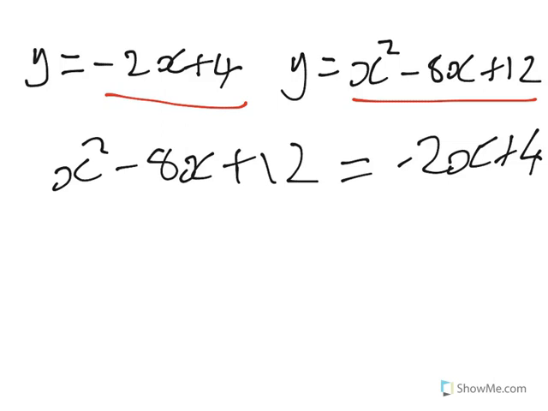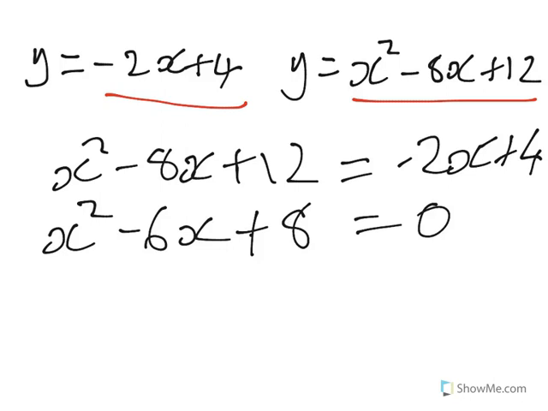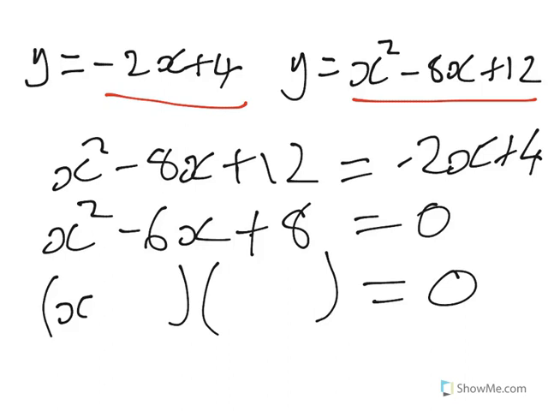So if we add 2x to both sides and take 4, we end up with x squared minus 6x plus 8 equals 0. Now we have to try and factorise if we can. I'll do it the quick way. Two numbers that multiply to give positive 8 and add to give negative 6 are negative 2 and negative 4.